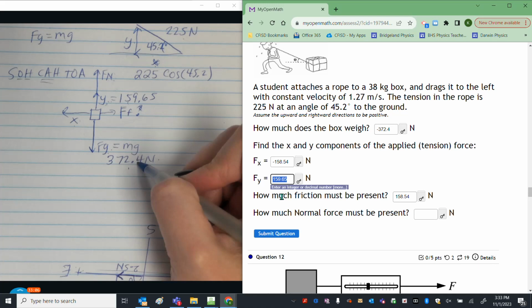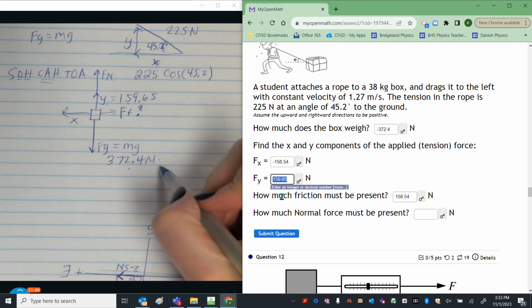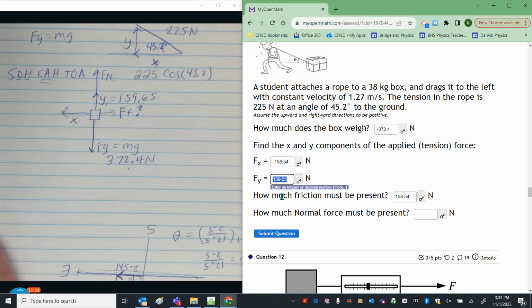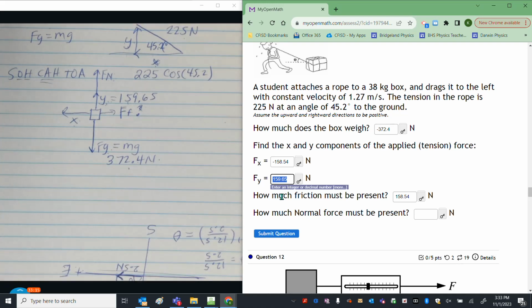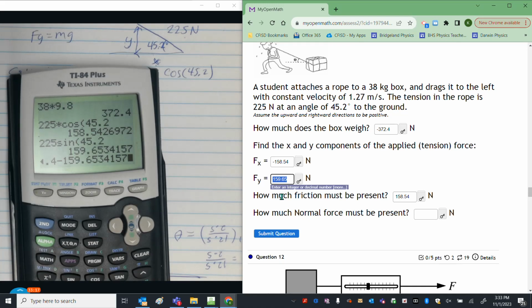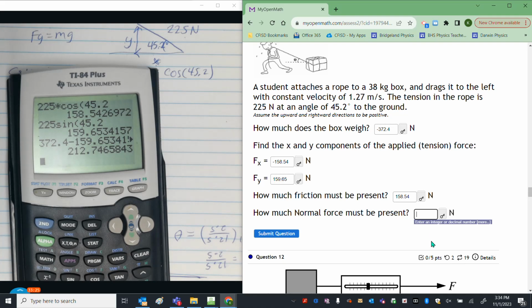So I'm just going to subtract 372.4 minus 159.65, and we get 212.7465. It keeps going. That would be your normal force, and it is an upward force, so I'm not going to type the negative. 212.75 would be an appropriate way to round that.